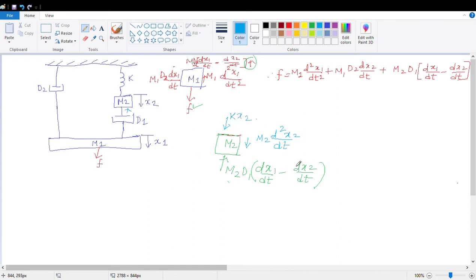If no other forces are involved, these three forces balance each other, as there is no other directly applied force.